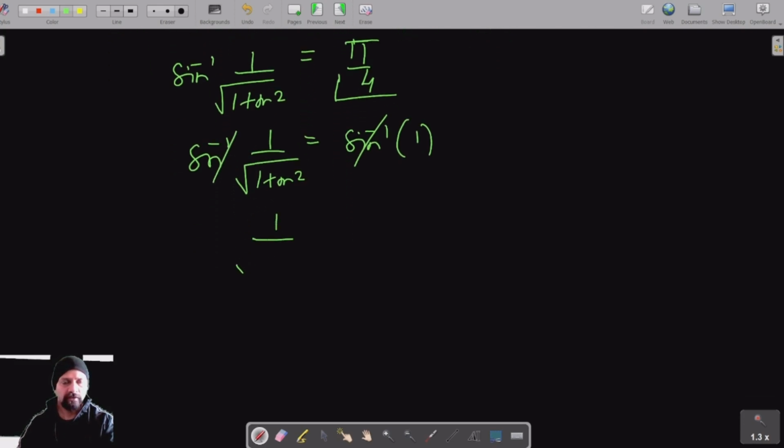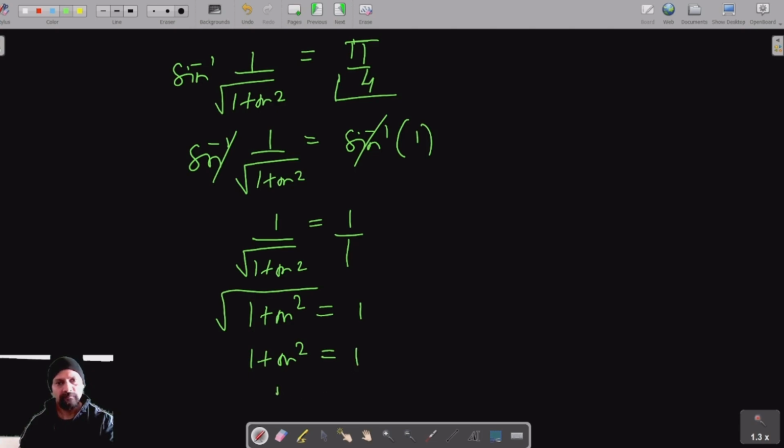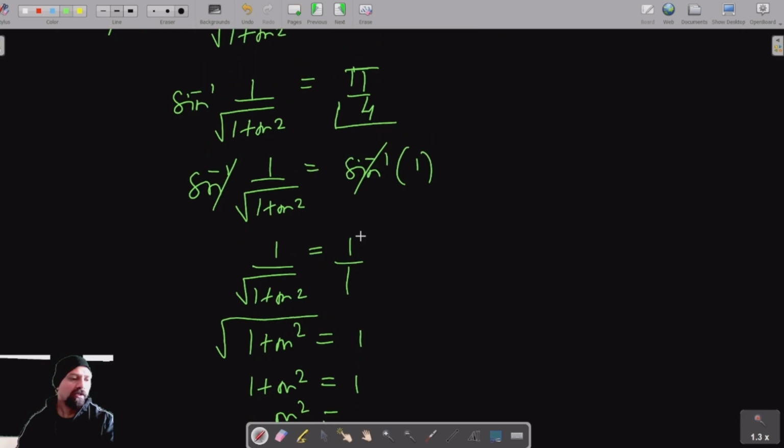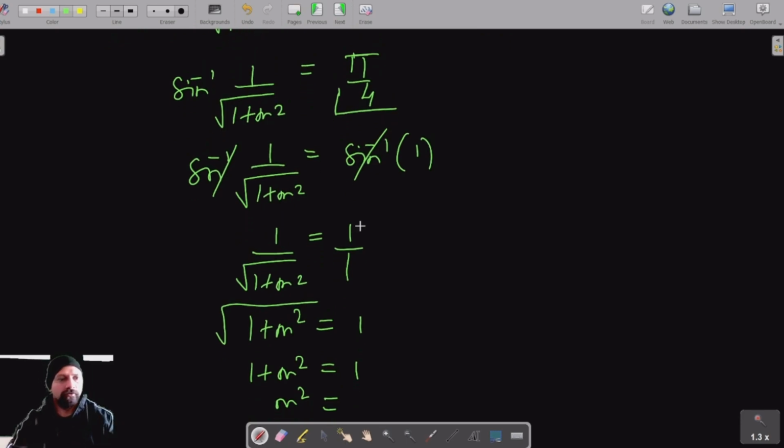So this is 1 upon under root of 1 plus m square is equal to 1. And if we square on both sides, this is 1 plus m square is equal to 1. And m square is equal to, okay, let me check the values once again.